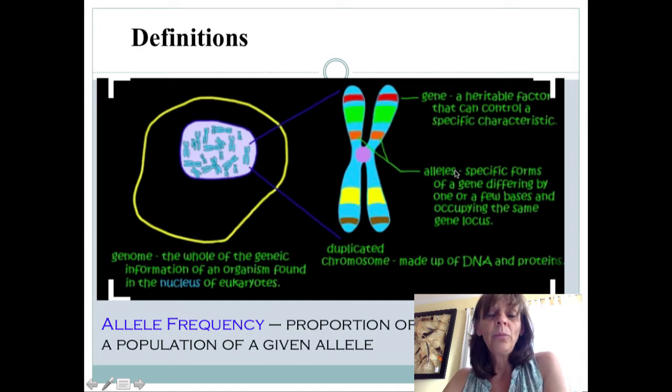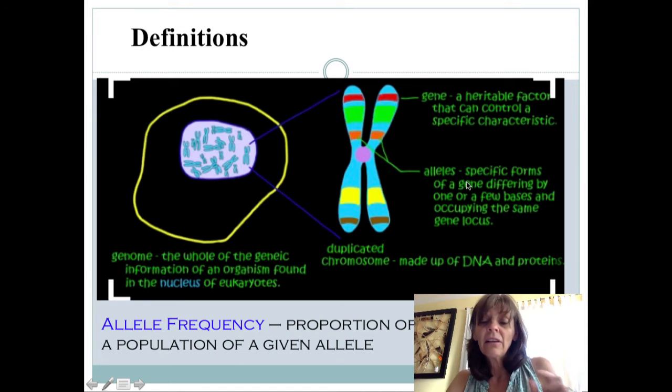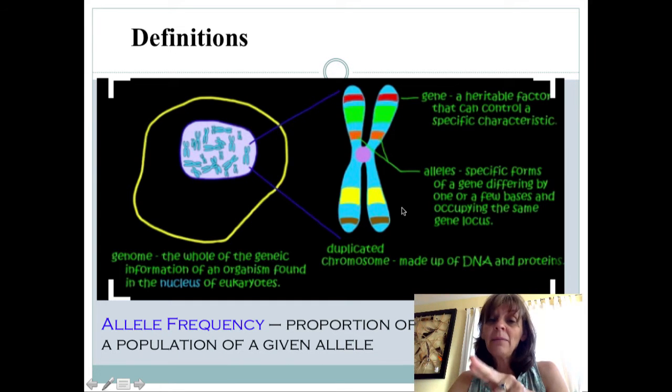Remember, we had widow's peak is dominated by just one gene, and so one segment of DNA. And there's either yes, you have one, or no, you don't. And those are two different alleles for the same gene. Every human has 2 alleles. They could be the same or they could be different. And evolution is determined by a change in allele frequency.